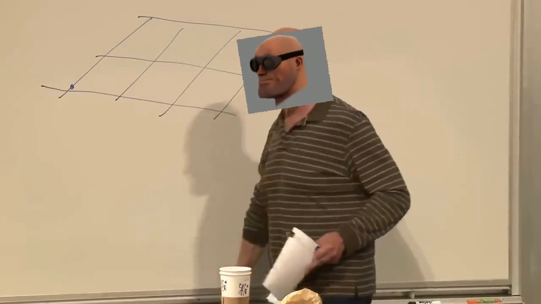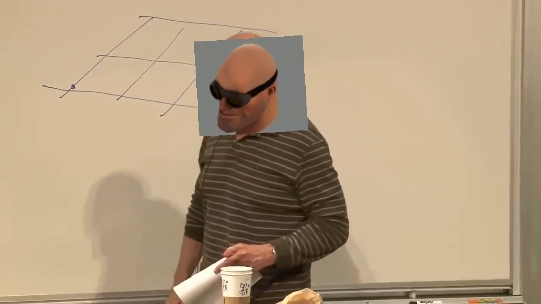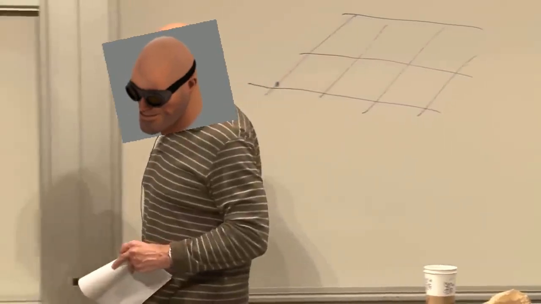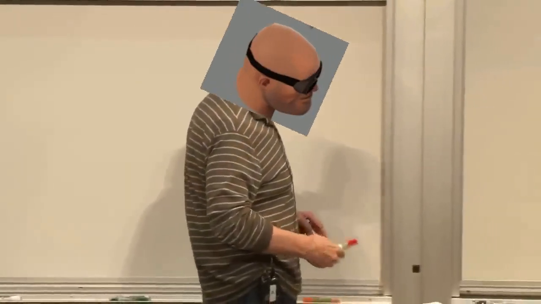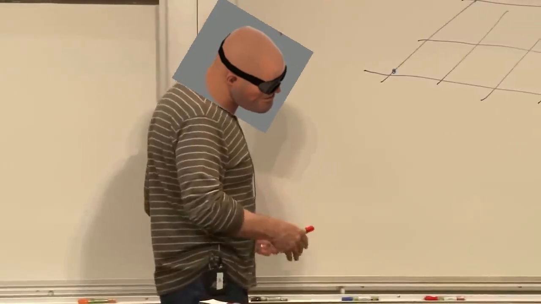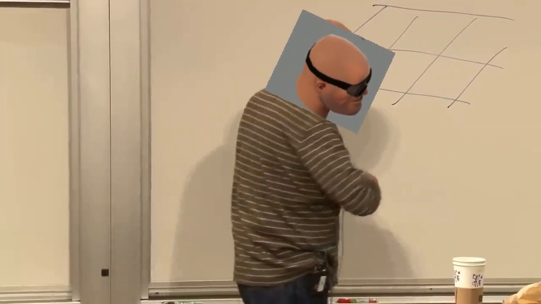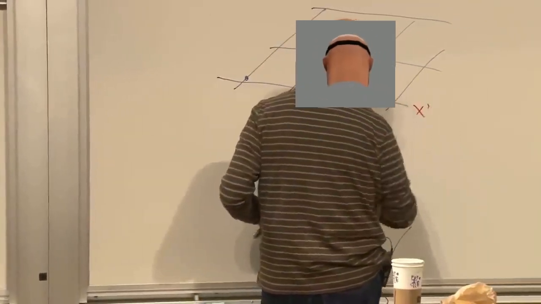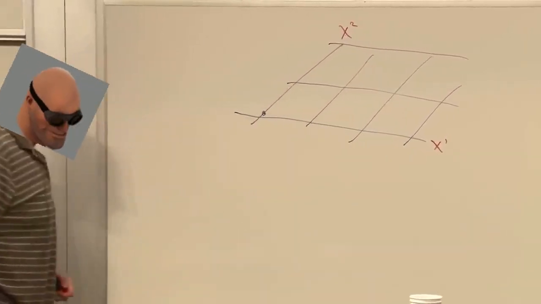I'm mostly interested in the fact that the coordinate axes may not be perpendicular, and what the implication of non-perpendicularity is for these coordinates. Furthermore, we can call this x1, we can call this x2. They're not perpendicular relative to each other. They could be perpendicular relative to each other, but not necessarily.